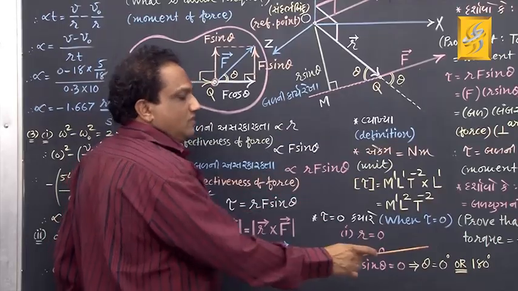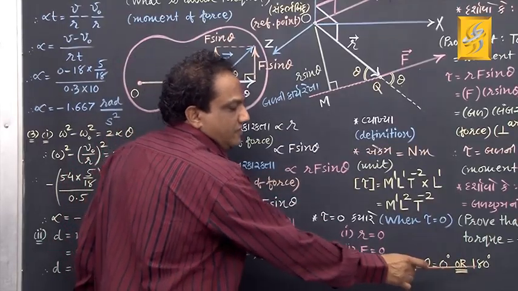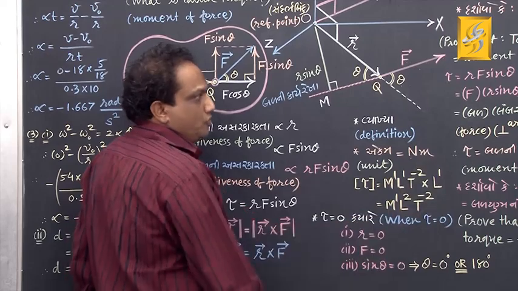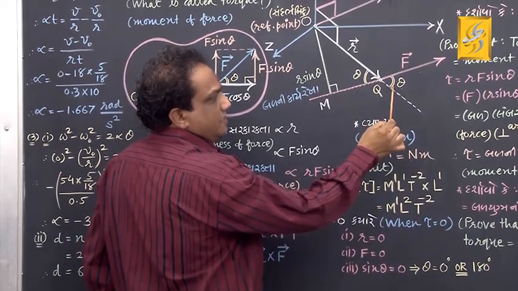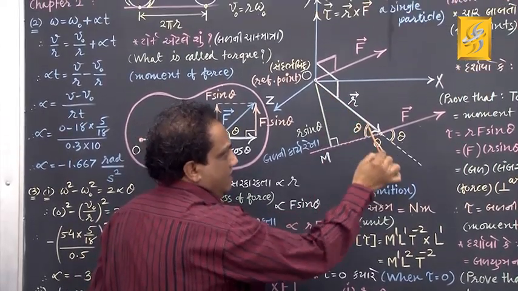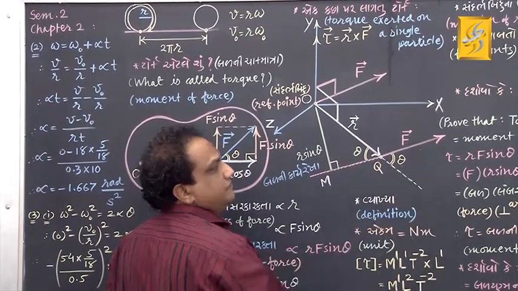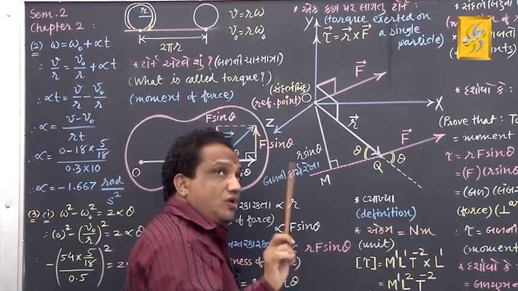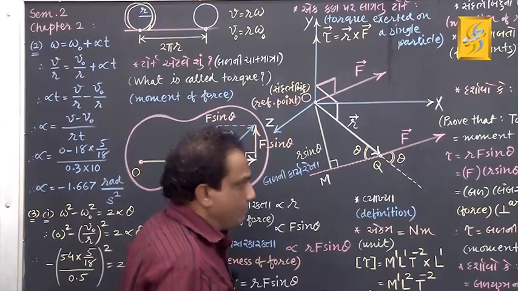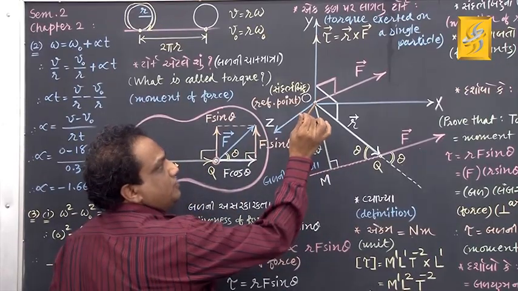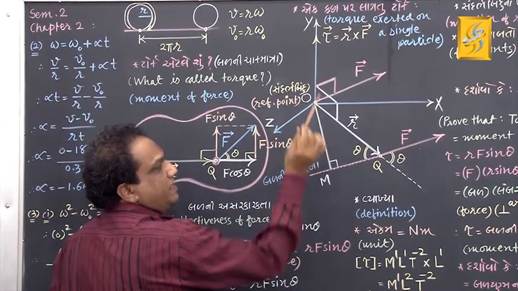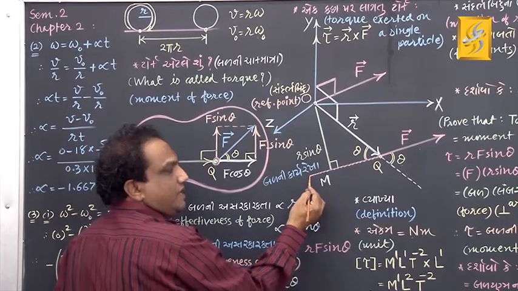But tell me now, when will theta be 0 degree and when will theta be 180 degrees? I am showing you. What is theta? Angle between vector r and vector f. And when it will be 0 or 180 degrees, I am showing you. Instead of taking the reference point here, suppose we are taking the reference point here, correct?